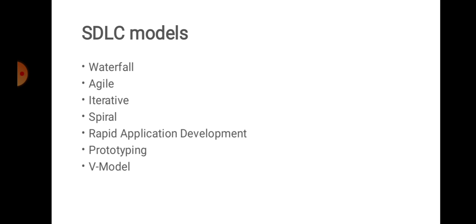Some of the traditional methodologies, like the waterfall model, are sometimes called the software development life cycle because they have distinct phases. The term can also be used in a general sense for any methodology.